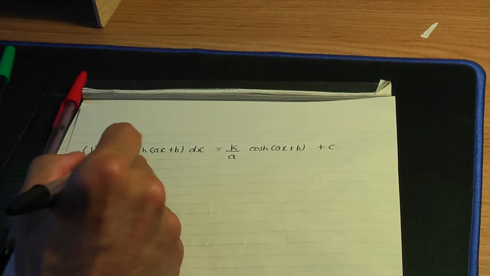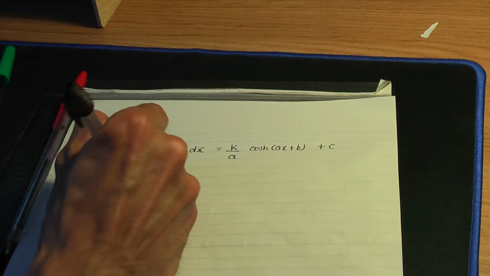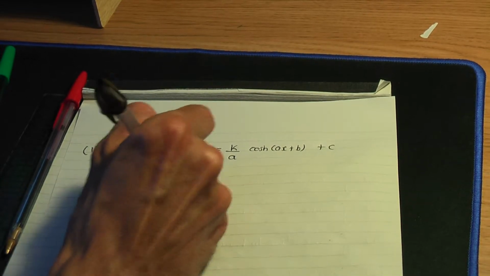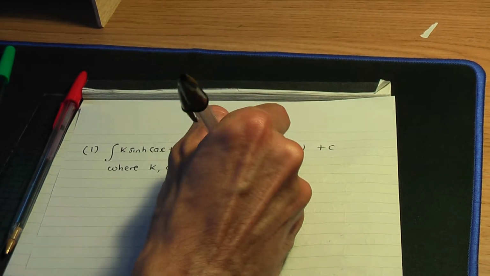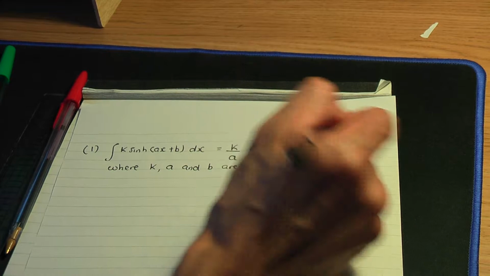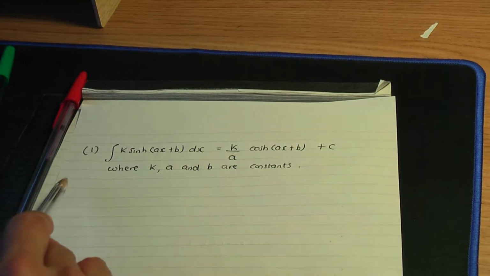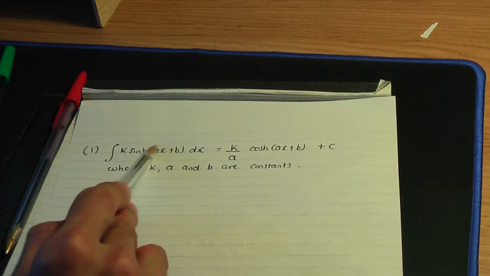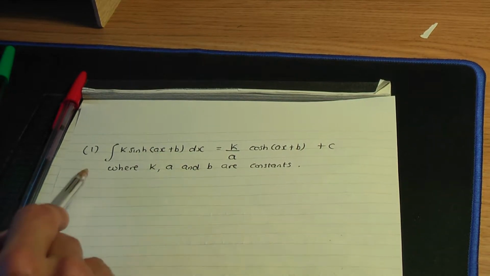So remember, k, a and b are constants. You can only apply this result if k, a and b are all constants, and remember the term here is linear, so it's of the form ax plus b.